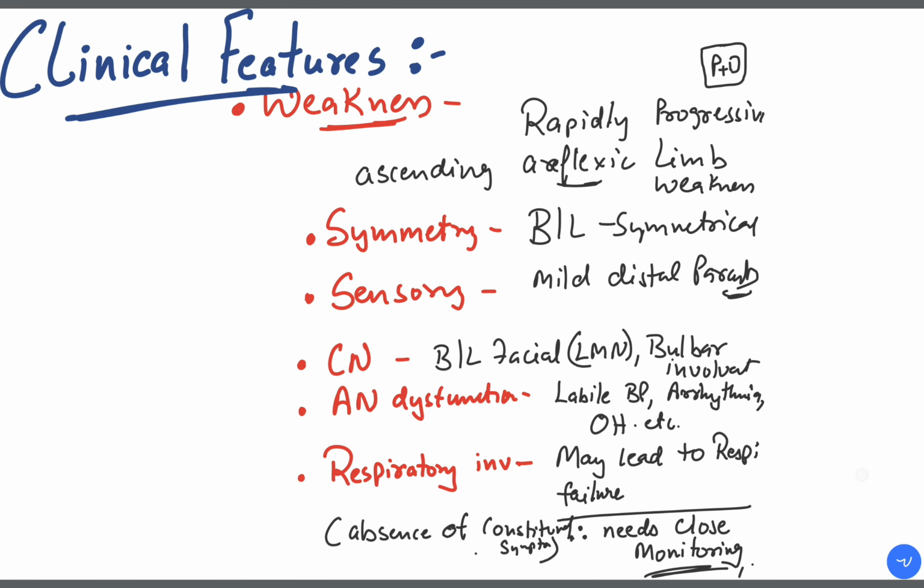Clinical features. With respect to GBS, we must understand these. There will be a rapidly progressive proximal plus distal ascending areflexic limb weakness. Whenever there is an antecedent event, for example, the patient had a Campylobacter jejuni infection, 1 to 3 weeks later the patient might complain that he is unable to wear his chappals.